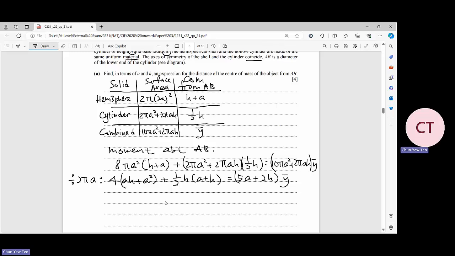So now you join together. If you join together, then you get bar Y equals 8AH plus 8A square plus AH plus H square, divided by 2 times of 5A plus 2H. Join together, you will have 8A square plus 9AH plus H square divided by 2 times of 5A plus 2H.